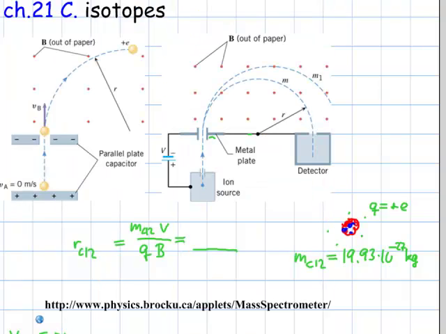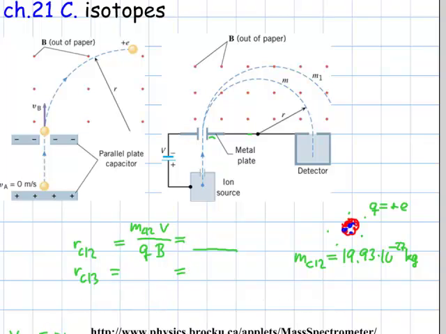Okay, just a little bit more on this problem, as I just noticed. Of course, we would still have to calculate what the radius is for the other one, for the carbon 13, and then we would have to subtract these two here and come up with the difference between these two here.